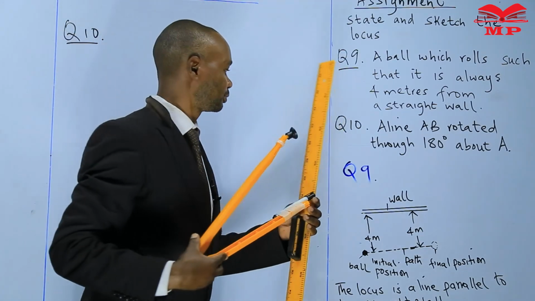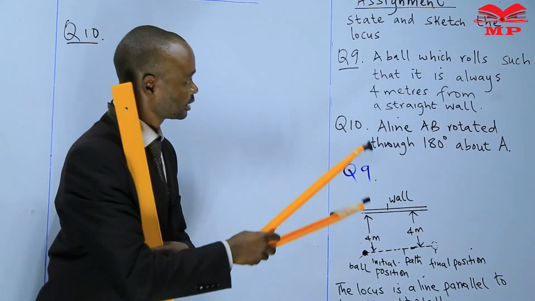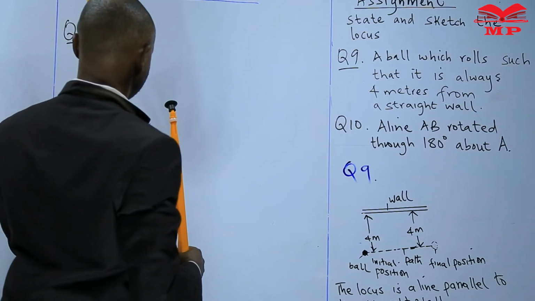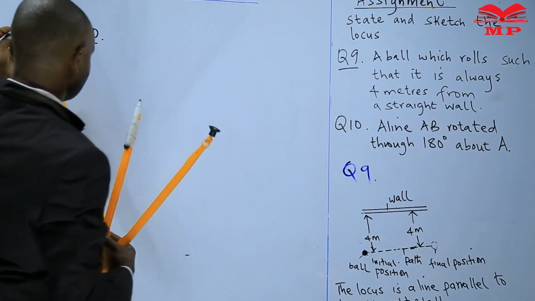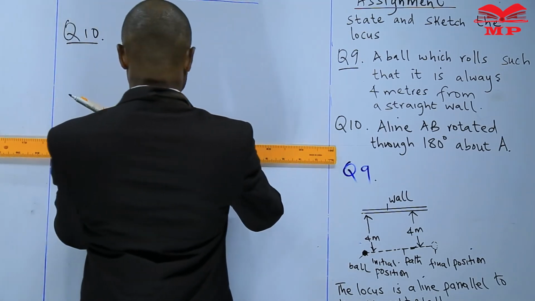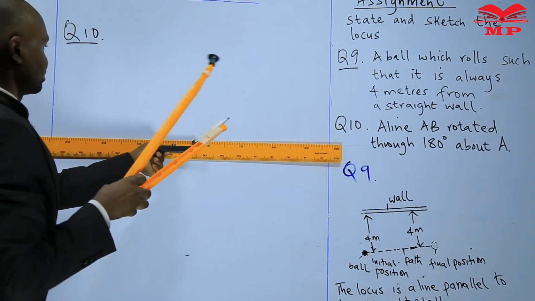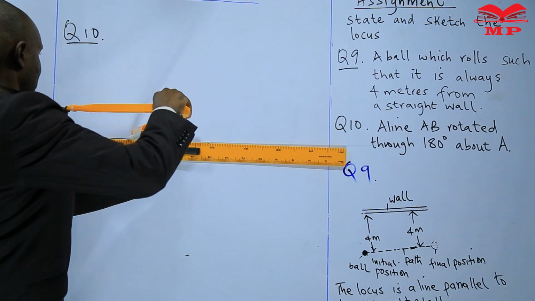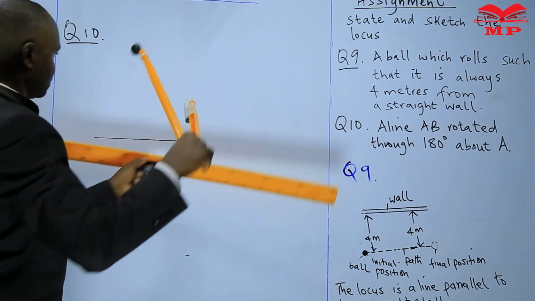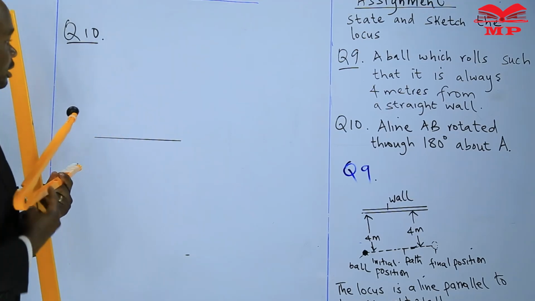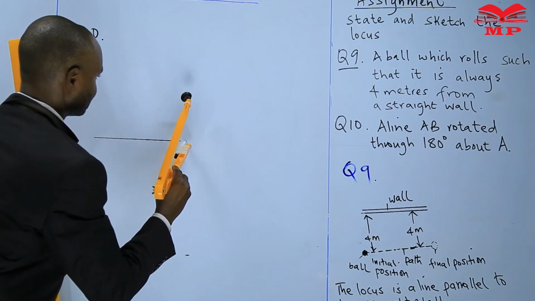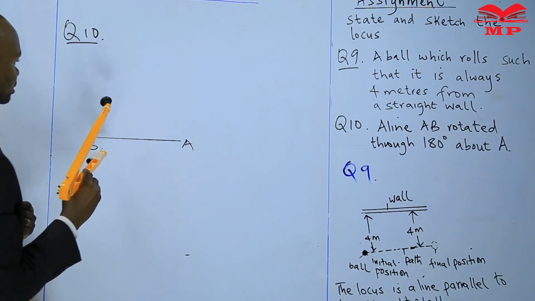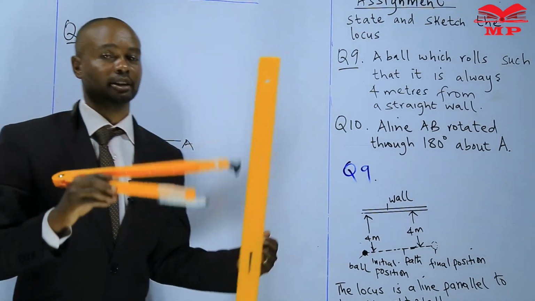First of all, you identify the line AB and draw it. It has points A and B. If you look at it very well, it is the line being rotated.